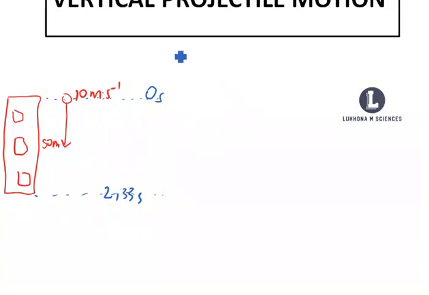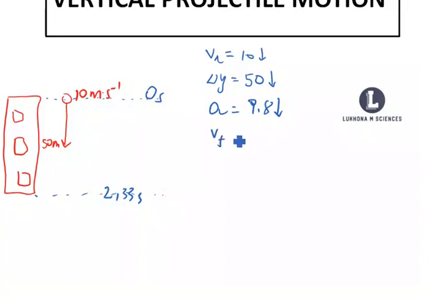So we have the initial velocity, which is 10 downwards. We have delta y, which is 50 and is below the starting point, which means downwards, right? Then we have the acceleration, which is 9.8, always downwards. Then we are looking for the final velocity.